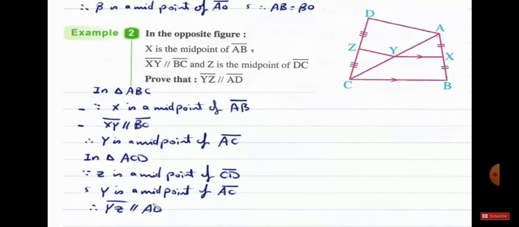And also in triangle ADC, Z is a midpoint of DC, and as we see Y is the midpoint of AC, then we can say YZ is parallel to AD, and this is required.